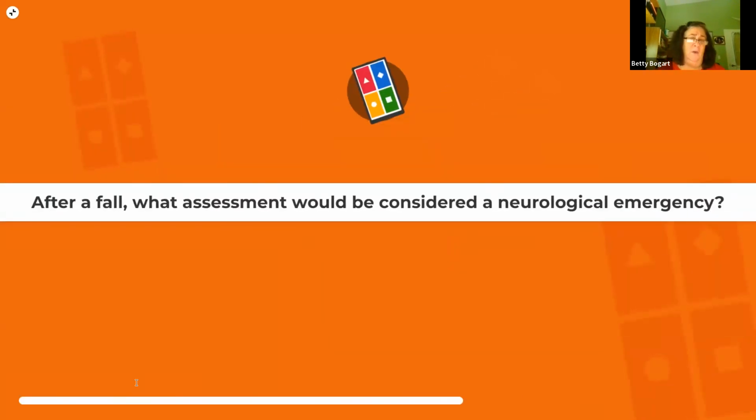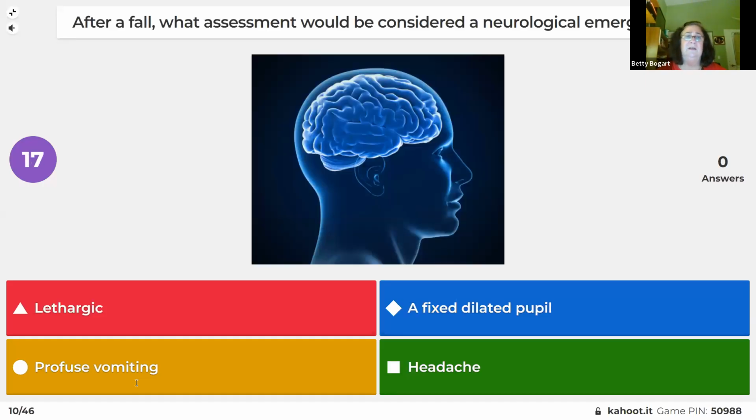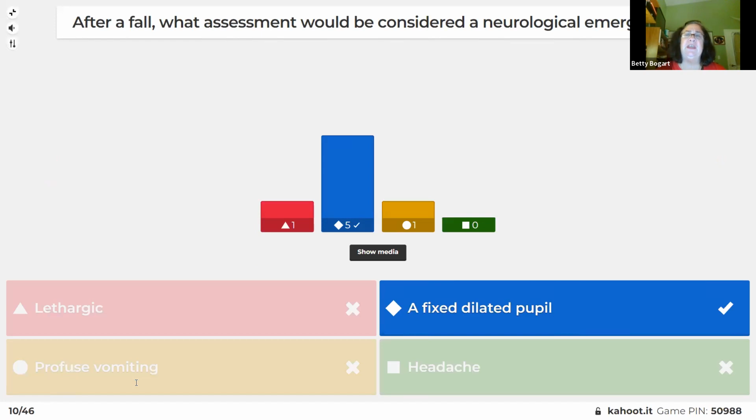After a fall, what assessment would be considered a neurological emergency? Kid fell off the second floor of the house. He slipped on the roof, fell on his head. What would be considered really, really bad? What is a neurological emergency? We know when you think of neuroscience, you think of pupils.